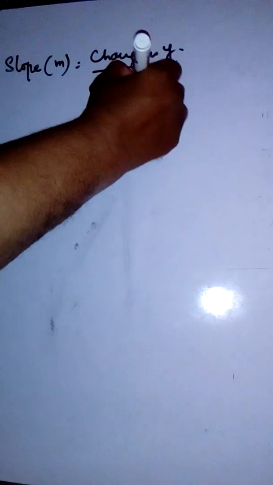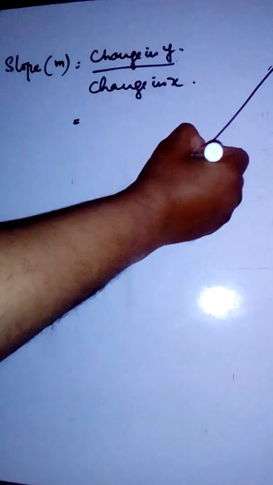Later, after defining the formula, we can prove why it is not defined and why it is 0. Okay, so slope, which we denote by m, is given as change in y by change in x.